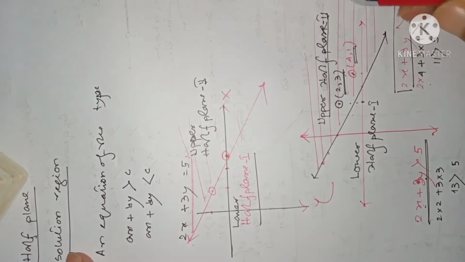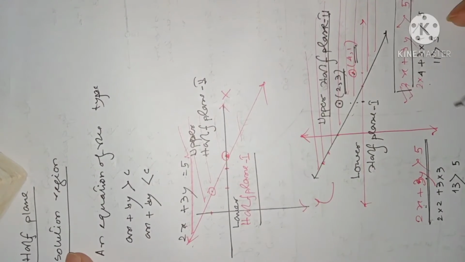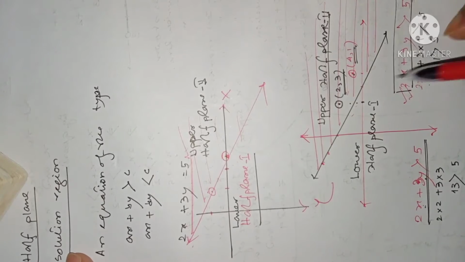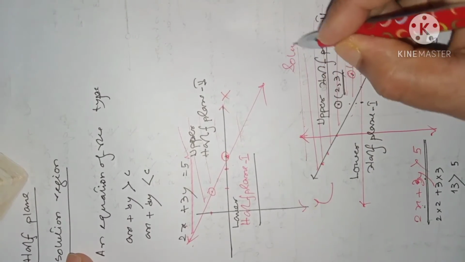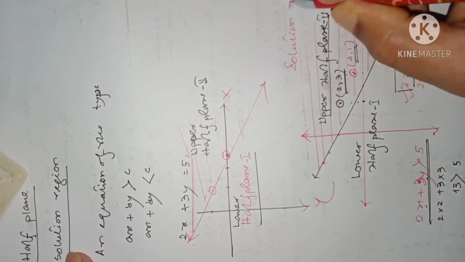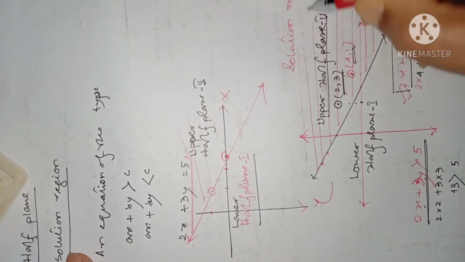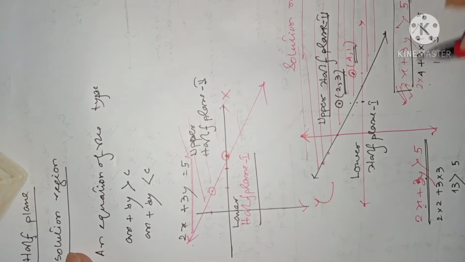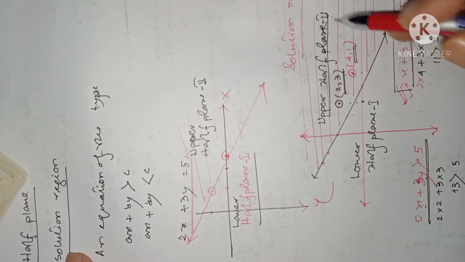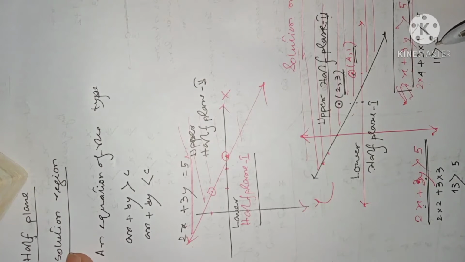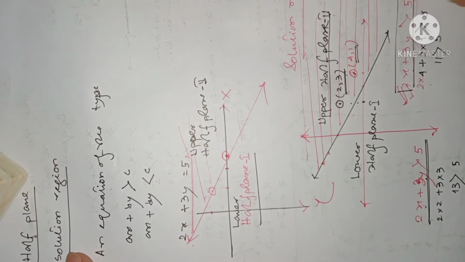So all these points which satisfy this inequation, this whole plane, will be called the solution region. And if you are asked what is the solution of this inequation, you can say the upper half plane 2 as shown in the graph.